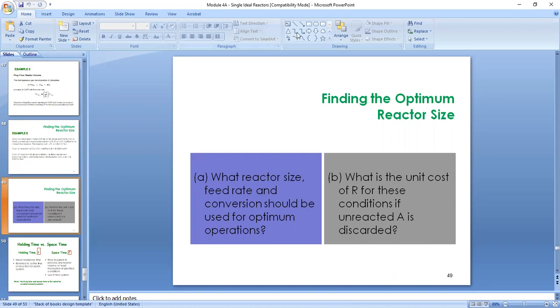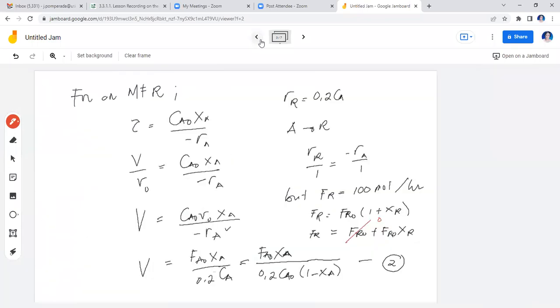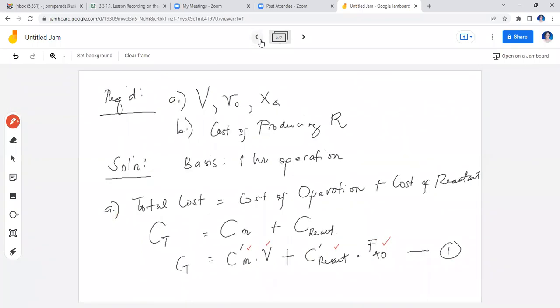Going back to our Jamboard, the unit cost of R. If in the required information it was written the cost of producing R, what I mean here is just this one. But if it's the unit cost, then we'll have to change this specifically.